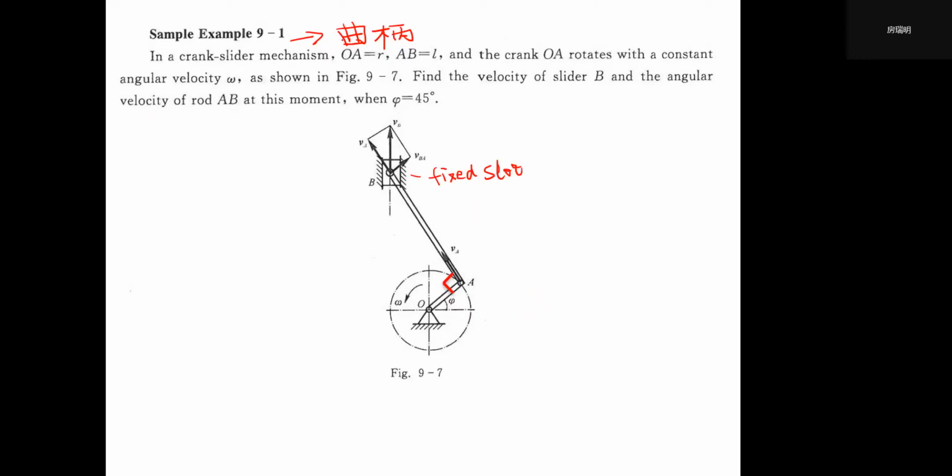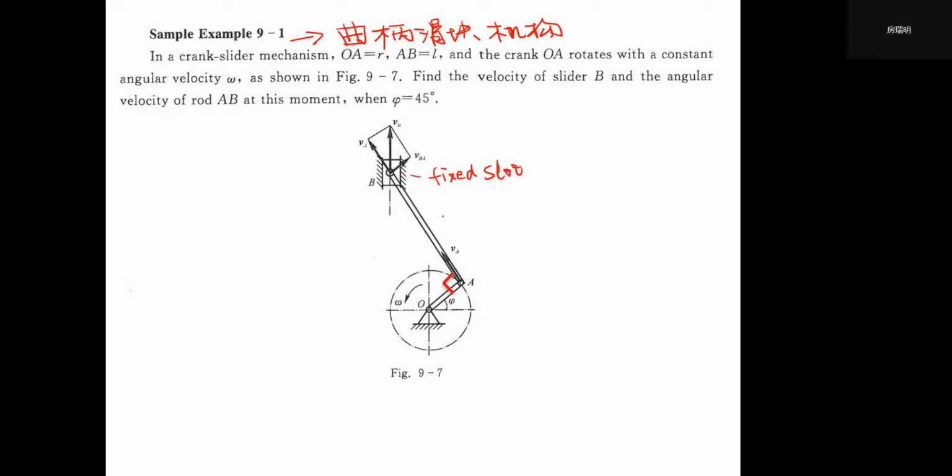So we call that slider, 滑块, because it can only have translational movement. And mechanism, we call that 机构. Actually, here 机构 is the body system. So if you guys know the principle of this crank slider mechanism, maybe it's very easy for you guys to analyze this. So we have OA, its length will be little r, right?